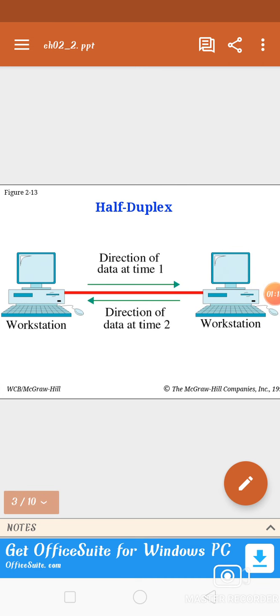Second, half duplex. Half duplex means data can be sent from user 1 to 2 and also from user 2 to 1. That means data can be sent in both directions, but at a time one user must be enabled, and the other user is in disabled mode.